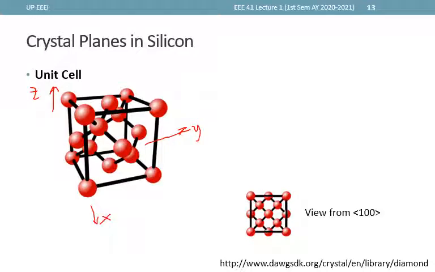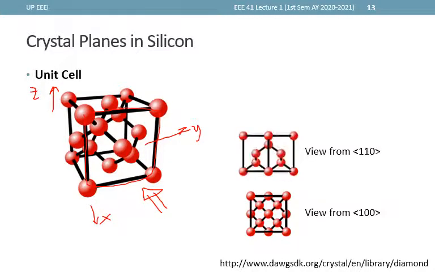If we would want to view it from 100, then we'll look at it from this point of view, and this will be normal to our view, and therefore we'll get this view from the direction 100.